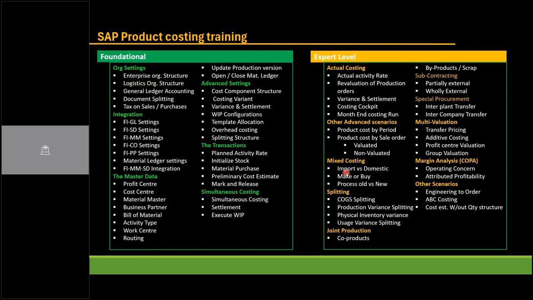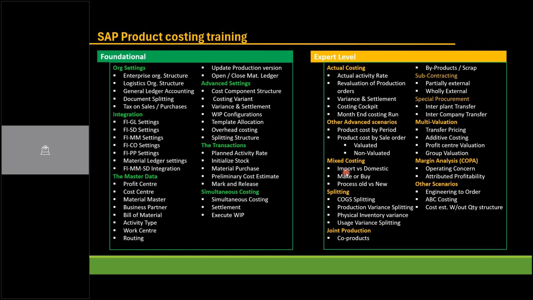In legal entity 2, I want to see the cost breakdown of the SFG. What was the raw material cost? What was the labor cost? What was the machine processing cost of the SFG? How does this SFG cost get passed from legal entity 1 to legal entity 2? How does the cross company code costing happen? You will be able to see that there.